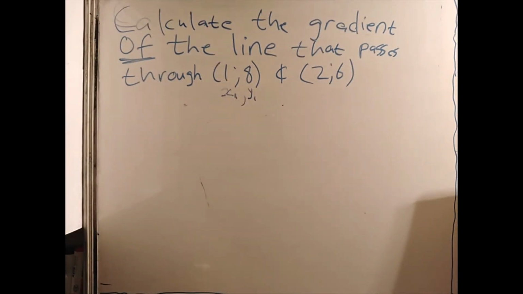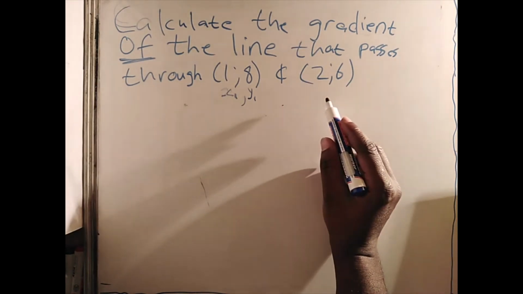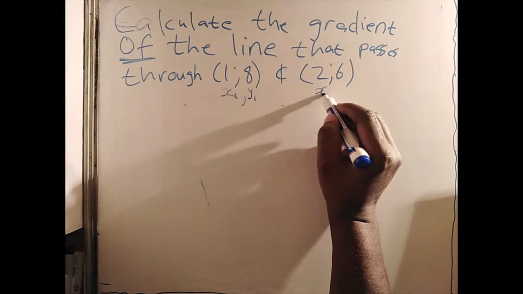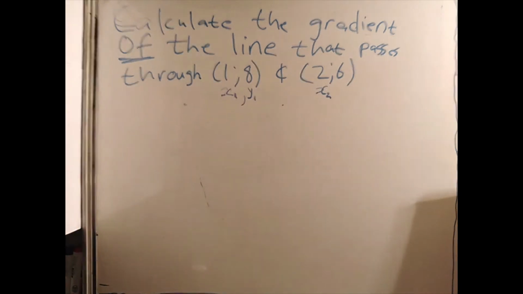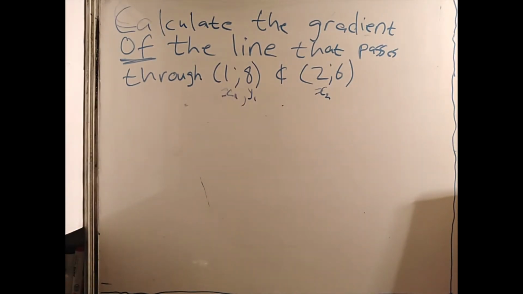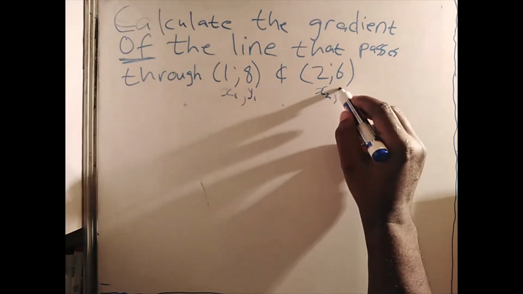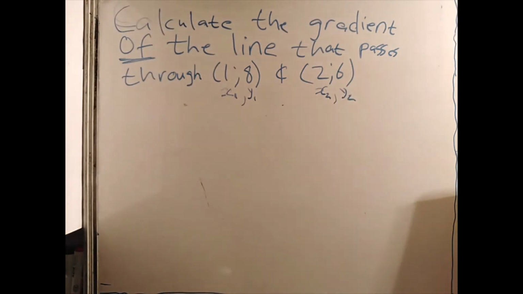And then on the second point, we'll have an x value that we'll refer to as x2, and a y value of the second point that we'll refer to as y2.